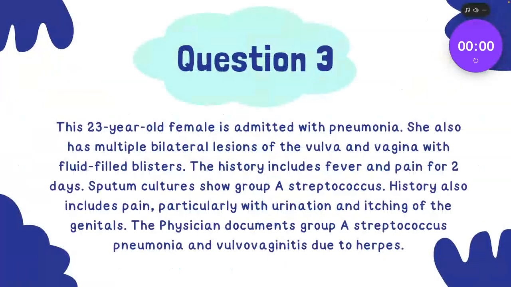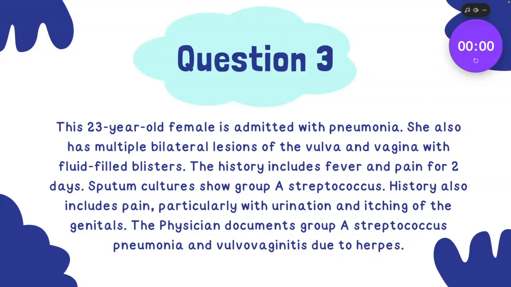Last scenario for chapter 1 of the chapter specific guidelines. This patient is admitted with pneumonia, also has multiple bilateral lesions of the vulva and vagina with fluid filled blisters. The history includes fever and pain for 2 days. Sputum cultures show group A streptococcus.